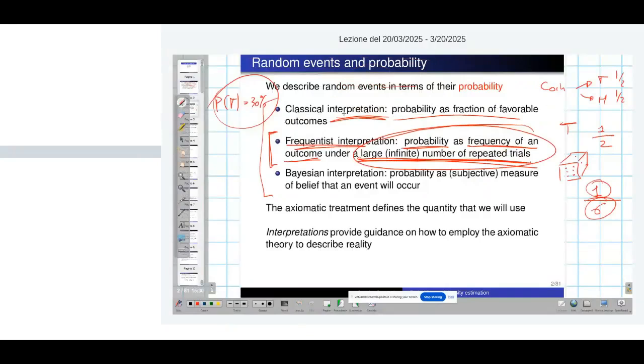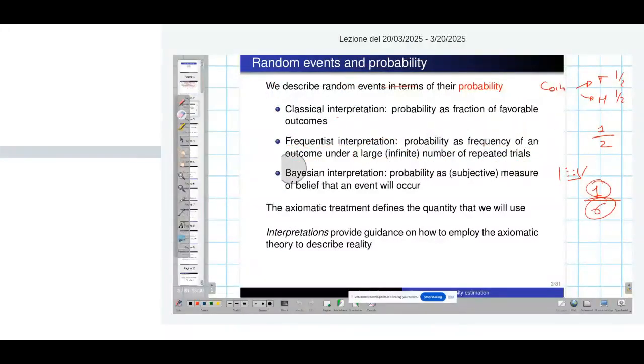And then the problem is also that in some cases we may not even think about an experiment that I can repeat and that will give different outcomes. For example, when there are elections, you have polls that give you the percentage of the votes that will go to the different parties.